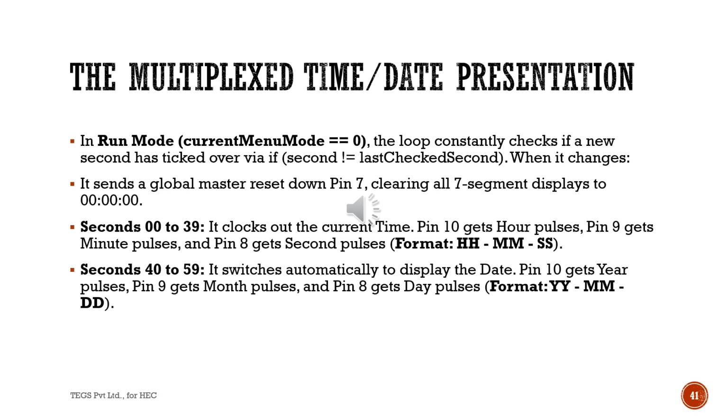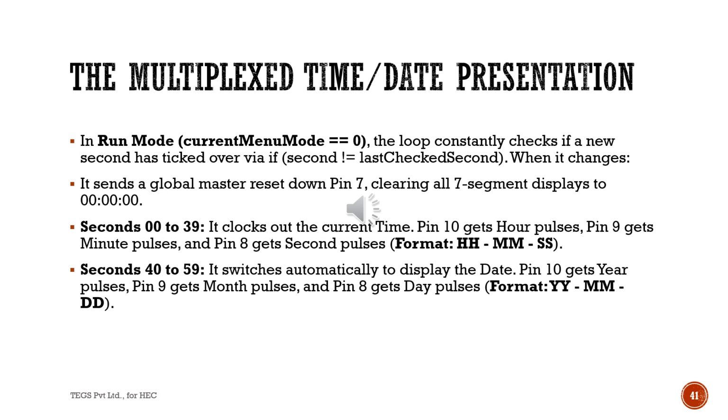Multiplexed time and date presentation. In run mode, when the current mode variable has a 0, the loop constantly checks if a new second has ticked over via the if second changed function. When it changes, it sends a global master reset down pin 7, clearing all 7-segment displays to 0.